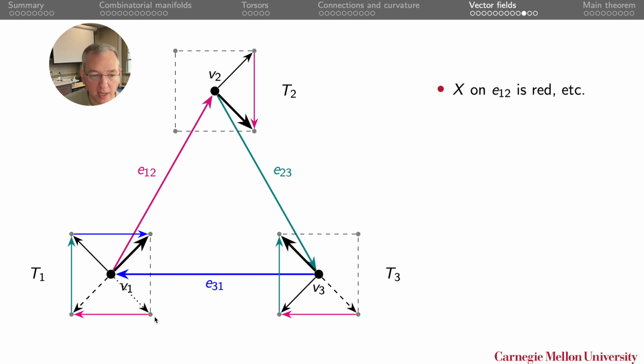So here's the cyan and the red still, and here's those 3 vectors. Here's our original vector. And again, in order to define the path over E31, we need a path from x of the transport of the most recent thick guy to the x native to this fiber. So that's this blue line.